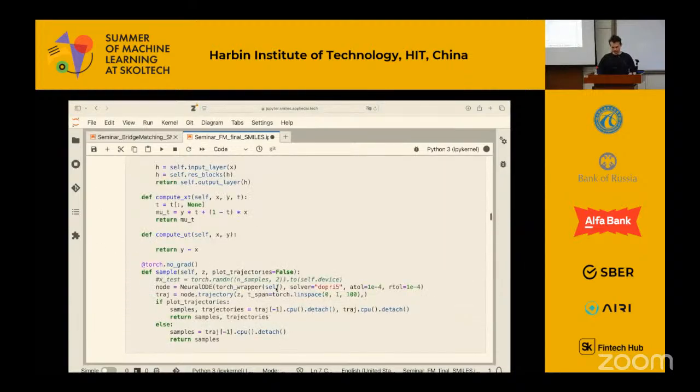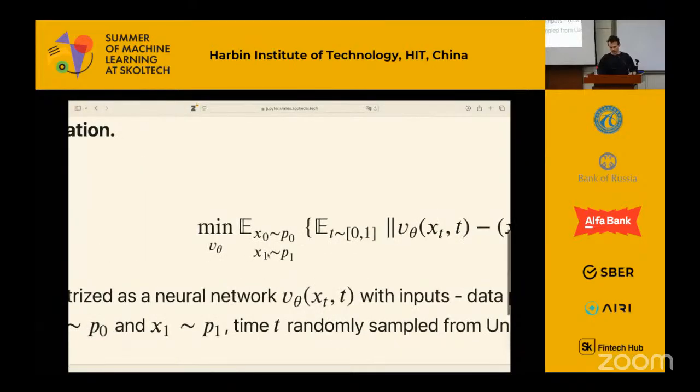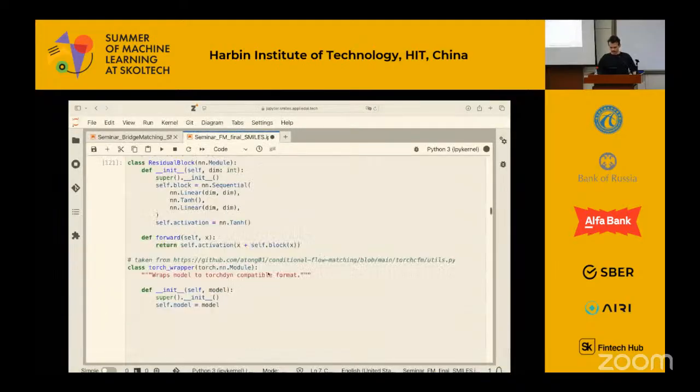In terms of formulas, the only thing that changes is this particular expectation. Before, you sampled independent points from P0 and P1, and now you sample these points from an approximation of the transport plan between P0 and P1. You can also construct some other interesting plans here, and there are papers on that, but basically the optimal transport plan is the best one.